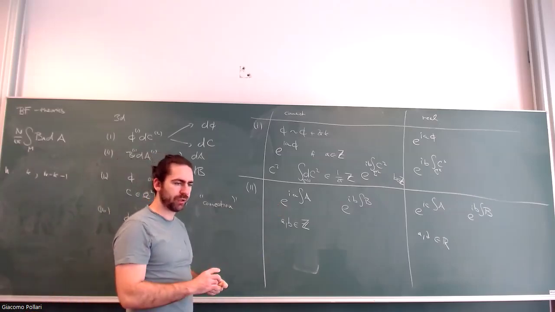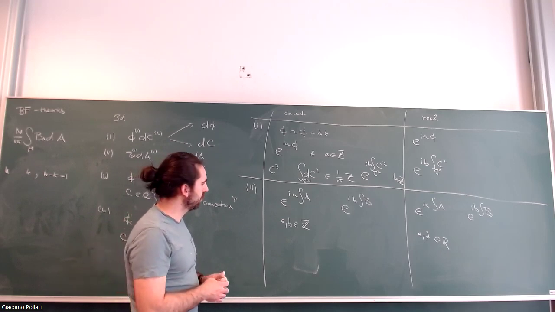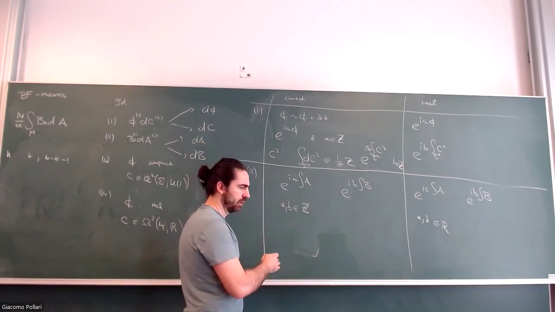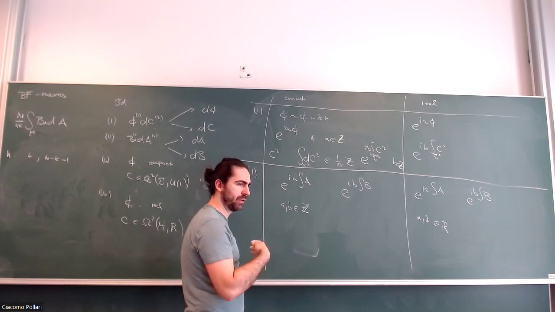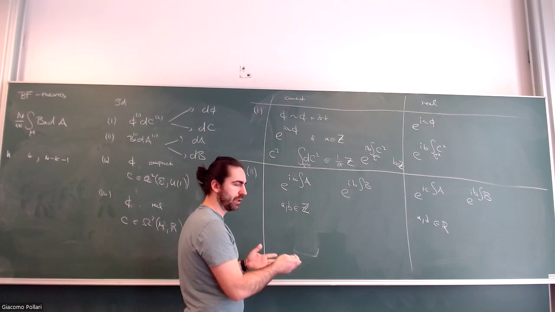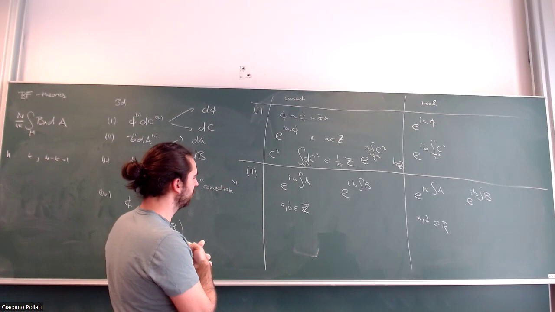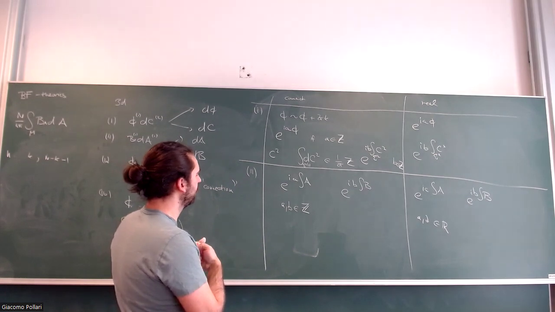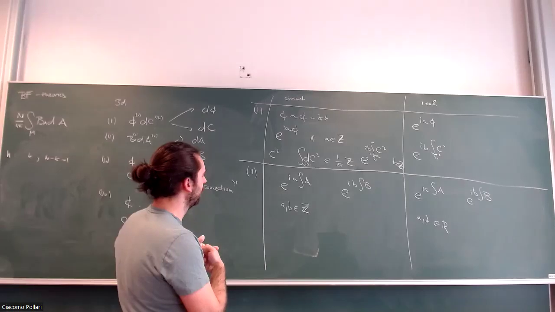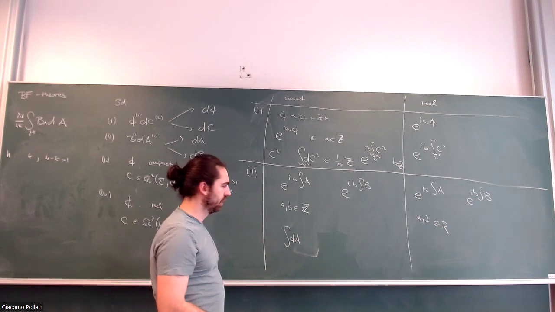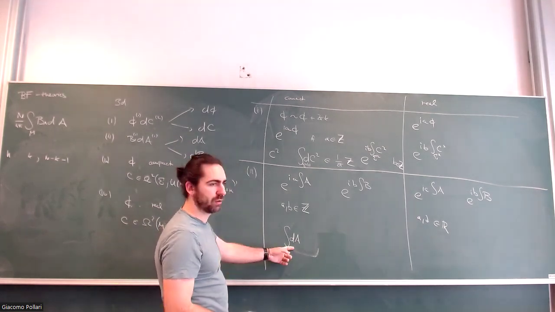Because for connections, so here what I wanted to say is that if you have a one form in 3D, and I create a two form like that over a closed surface, it's zero, right?